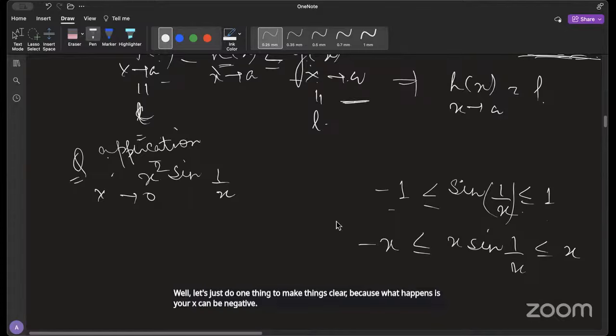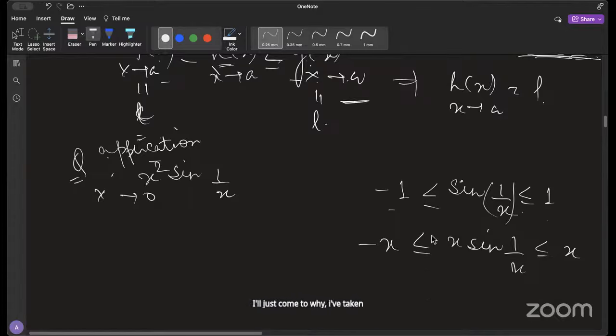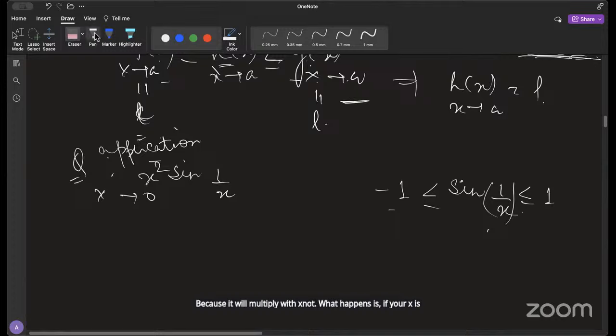I'll come to why I've taken x square instead. If x is negative, because we don't know if your x is negative or positive, and you're multiplying x on here, here, and here, then your inequality might change. But that's also not going to matter much. Yeah, it will be the same thing. Let's have x square only.